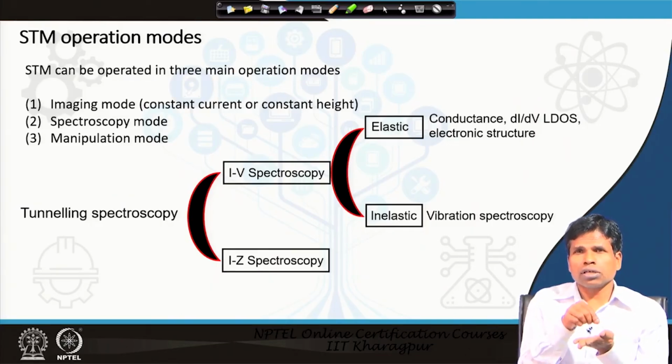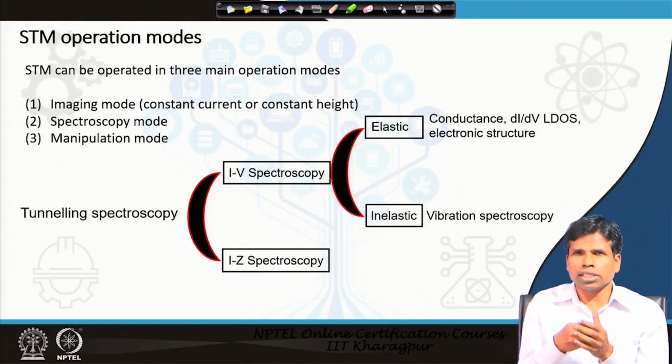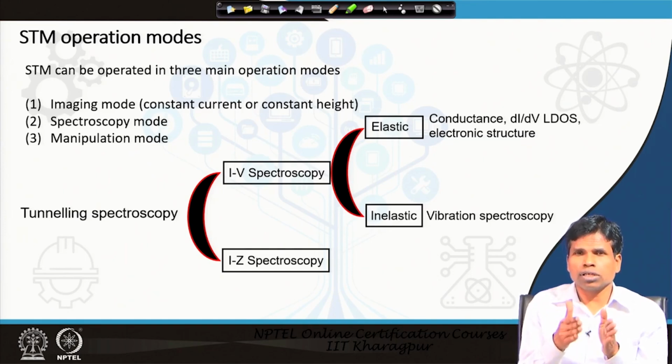The electrons which tunnel between the tip and sample can be utilized for some other excitation process. For example, if a molecule is there and it has a vibrational level, and the energy of the electrons is good enough, then it can change the vibrational level or cause an excitation in the molecule present between the tip and sample.